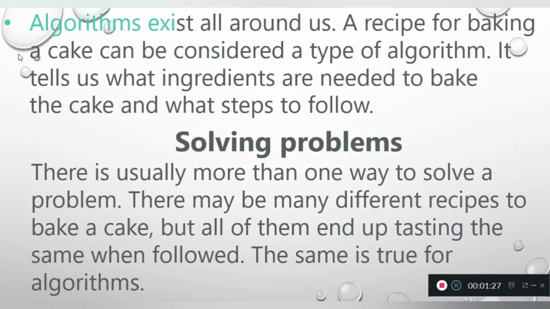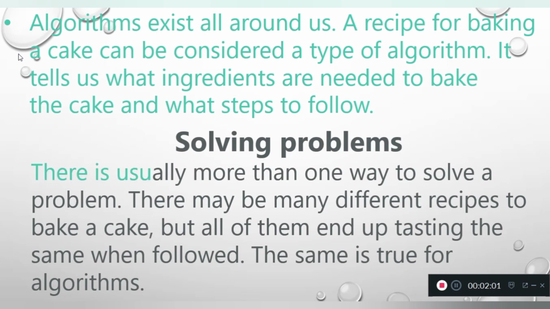Algorithms exist all around us. A recipe for baking a cake can be considered a type of algorithm. It tells us what ingredients are needed to bake the cake and what steps to follow. Solving problems.